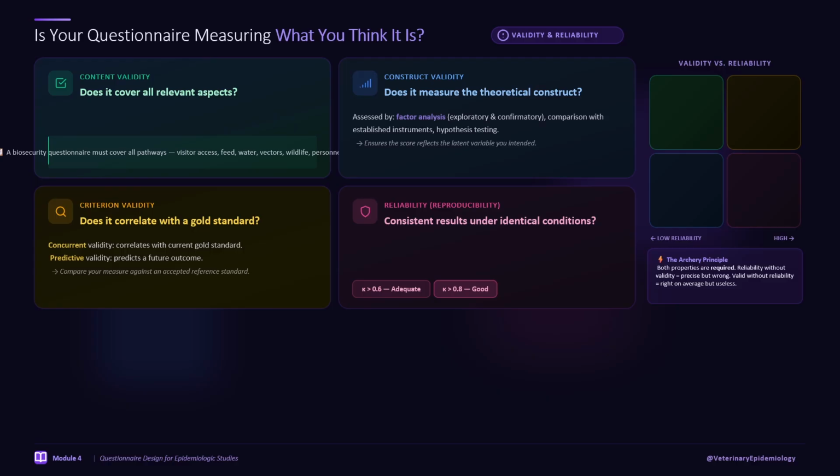Above 0.75 is good. For categorical outcomes, we use Cohen's kappa. Above 0.6 is adequate. Above 0.8 is good. For multi-item scales, Cronbach's alpha above 0.7 signals acceptable internal consistency, while above 0.95 may signal redundant items.